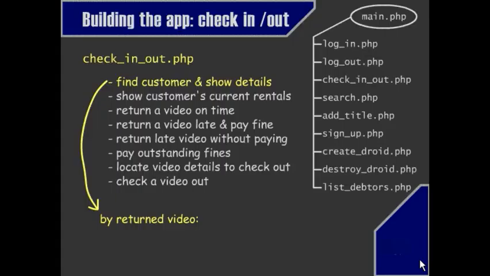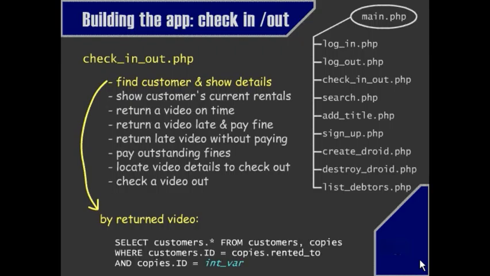This is particularly important when the customer just drops the video off outside of the office hours. We can then simply type in the integer variable for the video that's been returned, and this particular select query will return the customer to which the video has been rented.